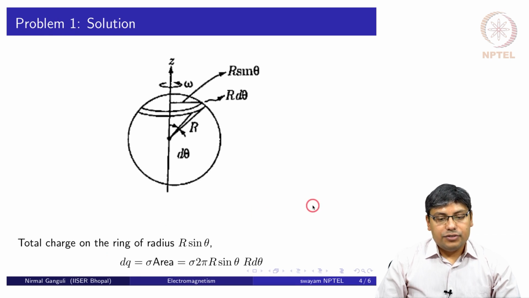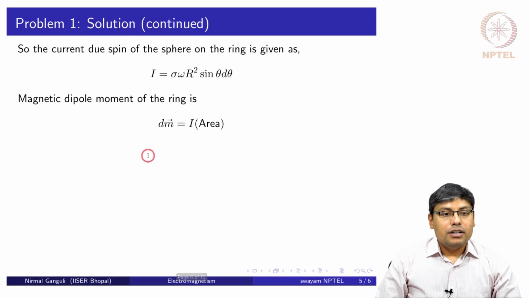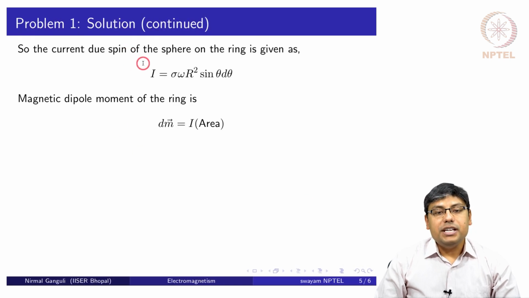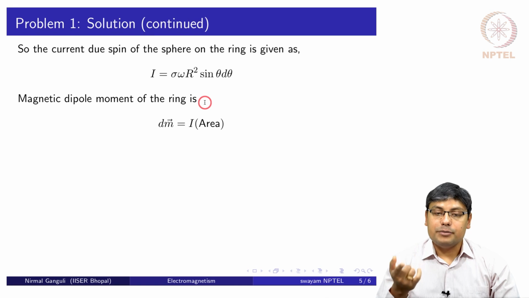And once we have this elemental charge on the ring, the current due to the spinning sphere coming from this ring is I, given as sigma times omega times r squared sin theta d theta, that is obvious. Now the magnetic dipole moment is given as current times the area.